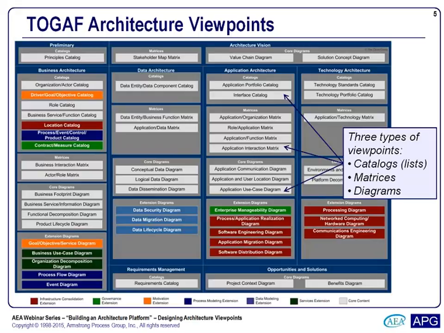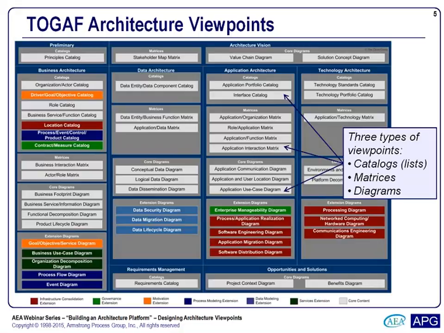TOGAF suggests there are at least 3 different ways: catalogs or lists or tabular reports, matrices, and diagrams. Again, out of the box, there are upwards of 50-plus ways of looking at content across the 4 different architecture domains, which, as you can see, represent the significant part of this viewpoint library. But there are also a couple in the preliminary phase, architecture vision, phase E, opportunities and solutions, and requirements management.